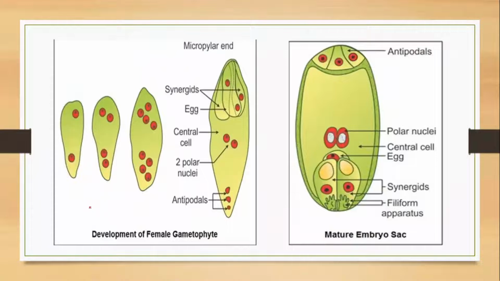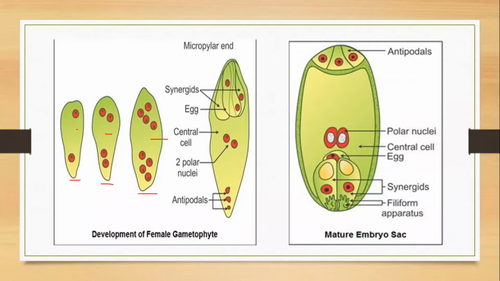See, this is the development of the female gametophyte. As we know, when the megaspore mother cell enters into meiosis, it forms 4 cells. Out of that, 3 become nonfunctional, only 1 becomes functional, and then this single one will undergo 3 successive mitotic divisions to give rise to 2, then 4, then 8 nuclei.